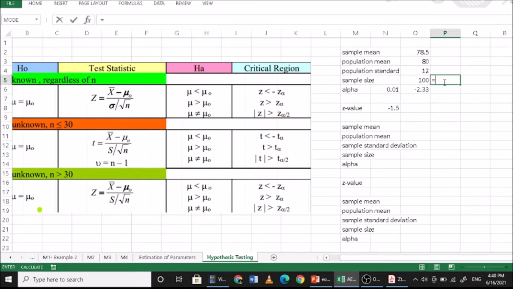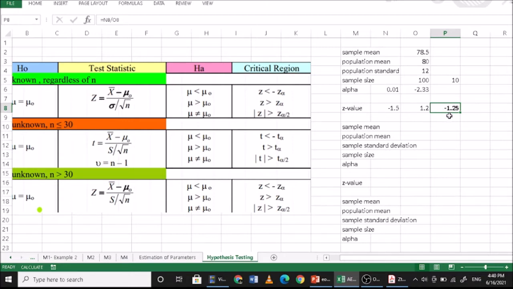So we get the square root of your sample size, and that's sigma divided by the square root of n, or 1.2. And then lastly, you have negative 1.5 divided by 1.2, which is equal to negative 1.25.